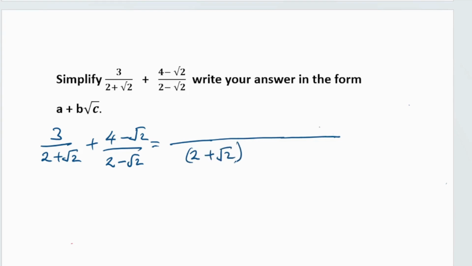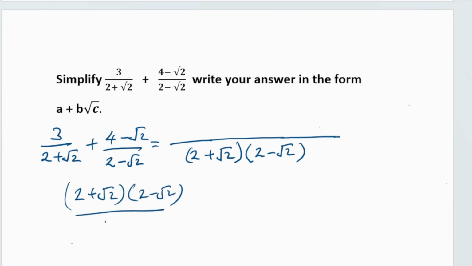That is 2 plus square root 2 multiplied by 2 minus square root 2. Now we take this LCM and divide it by the first denominator, 2 plus square root 2. Now this one cancels out with this, and we are left with 2 minus square root 2.